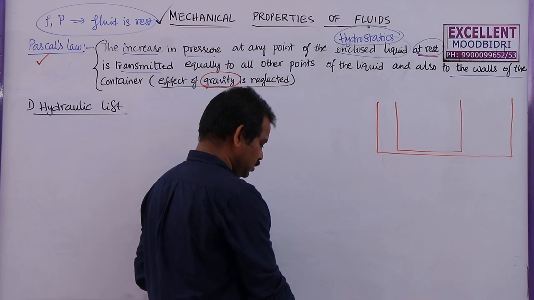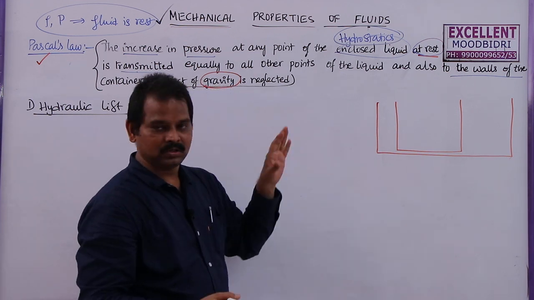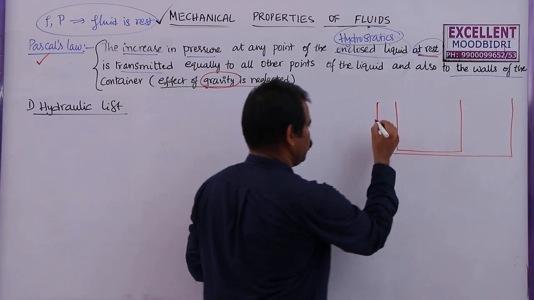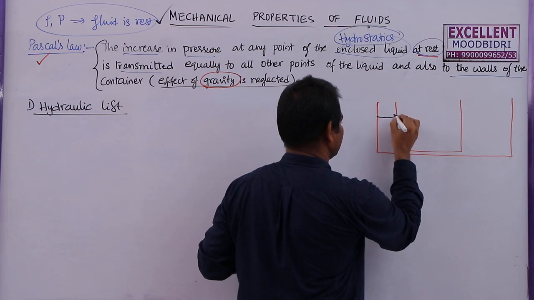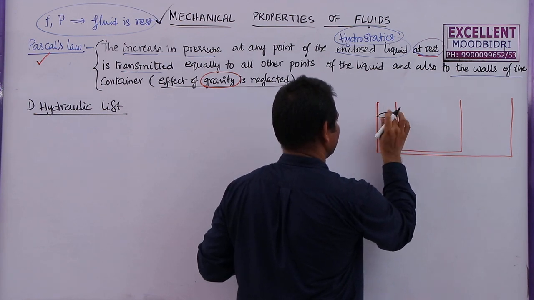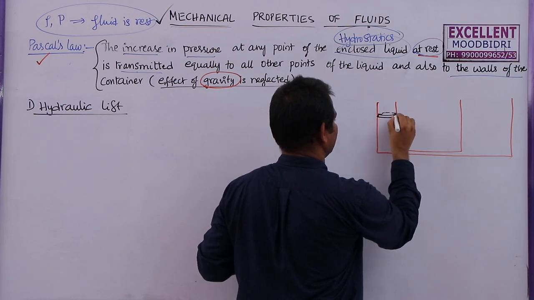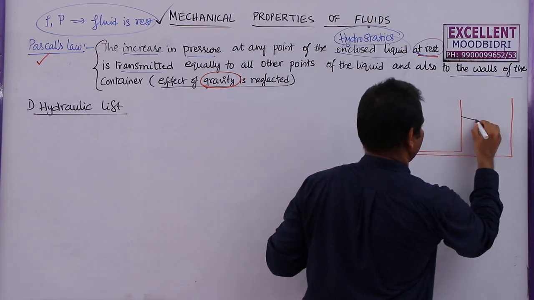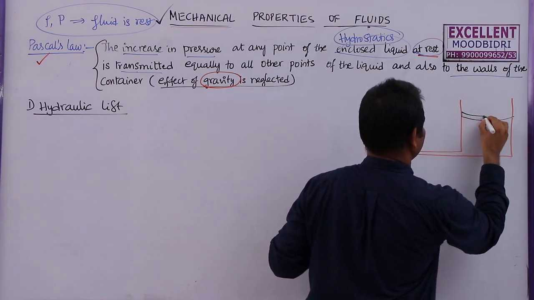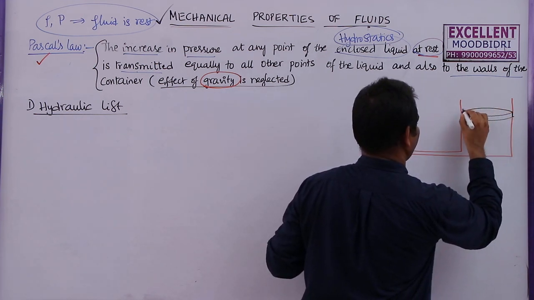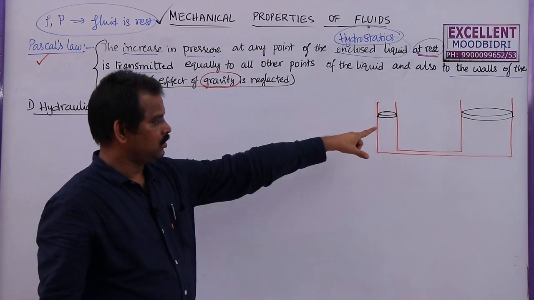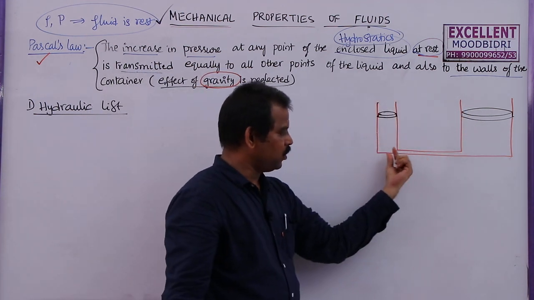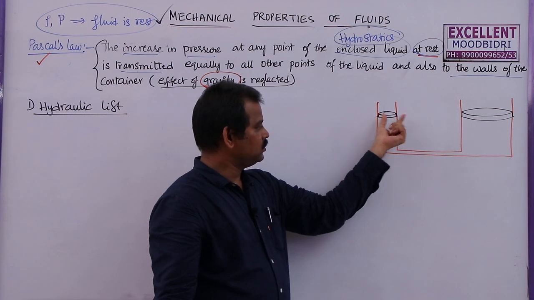These two cylinders contain two pistons. This is piston one, and this is the second piston having more cross-sectional area. So these are the two cylinders connected with a small pipe at the bottom, and these are the two pistons provided here.